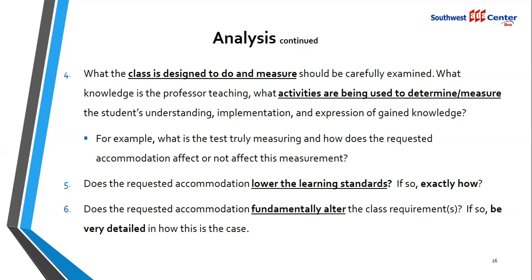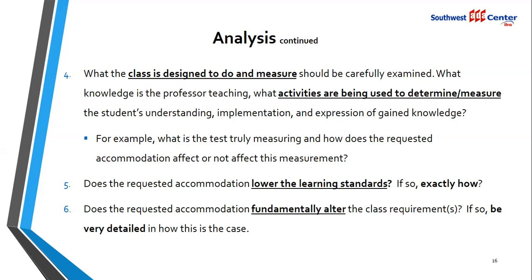What happens here that we've seen happen in higher ed is that if that's not understood, and a student with a disability takes a test, for example, without removing disability-related barriers, then all that test is going to do is reflect back that student's disability.